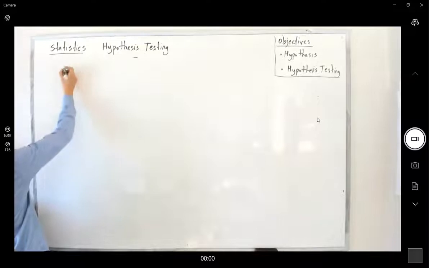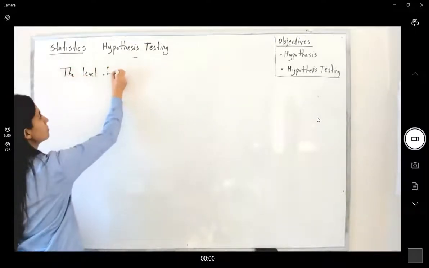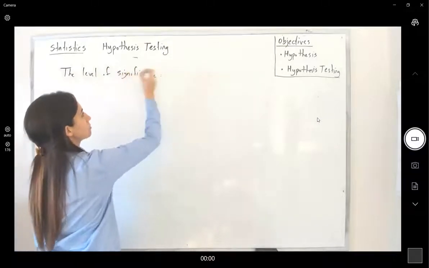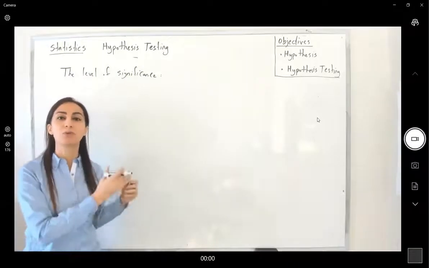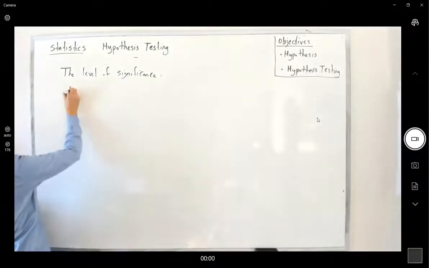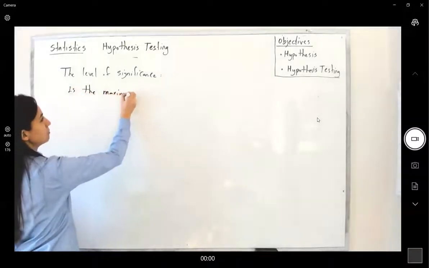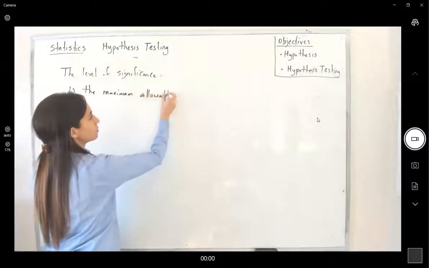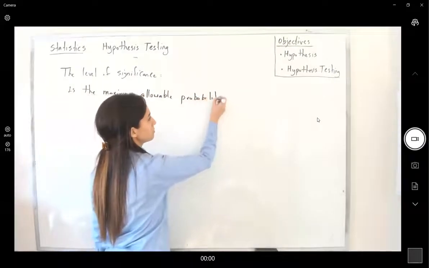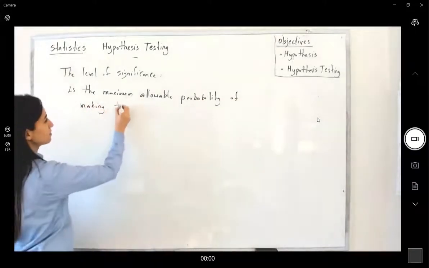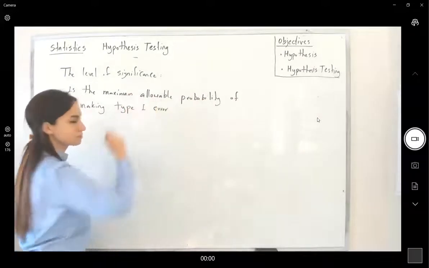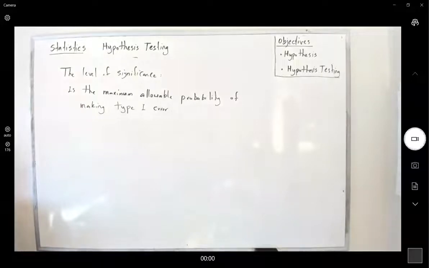So the level of significance is defined as the maximum allowable probability of making type 1 error. It's denoted by alpha.